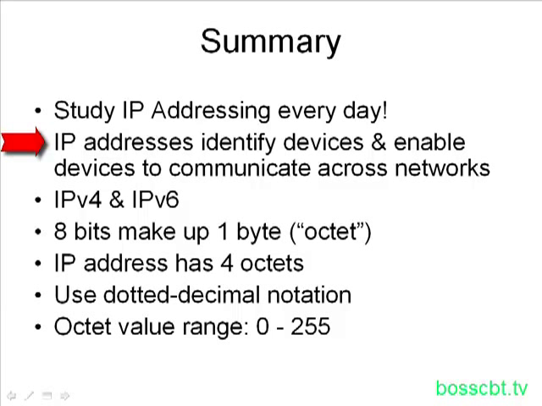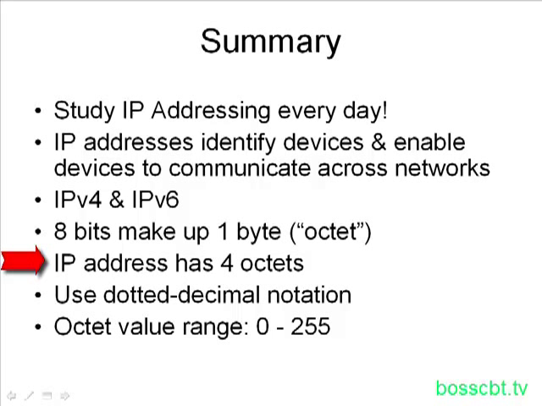IP addresses, we know they identify devices and enable devices to communicate across networks. We talked about the two different versions of IP addresses, and we know why IP version 6 has been introduced. And then getting into the format and makeup of IP addresses, we know there are 32 bits and 8 bits make up 1 byte or an octet. So that means an IP address has 4 octets.